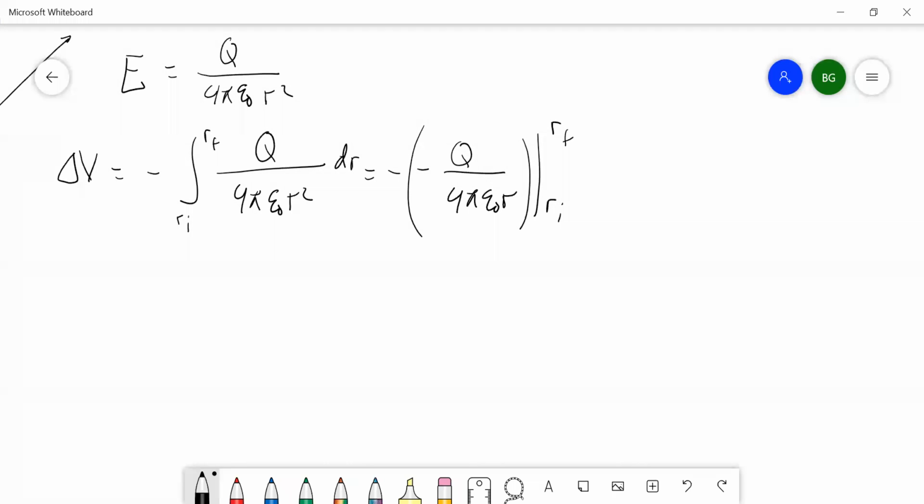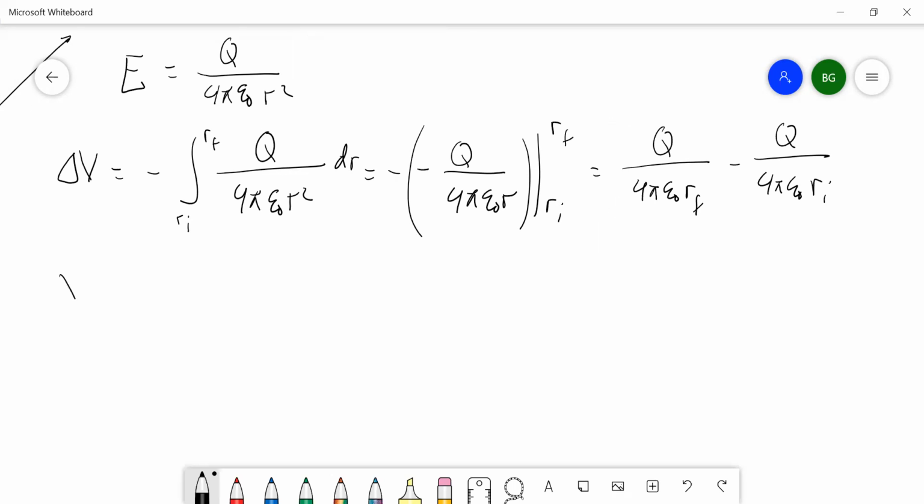So this is plus Q over 4 pi epsilon 0 Rf minus Q over 4 pi epsilon 0 Ri.